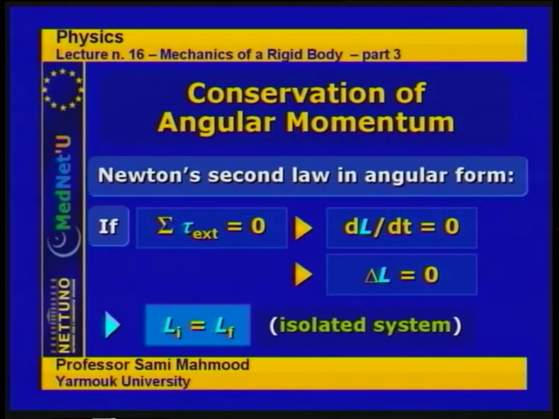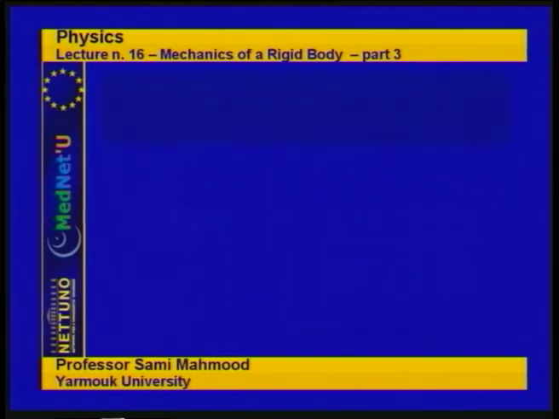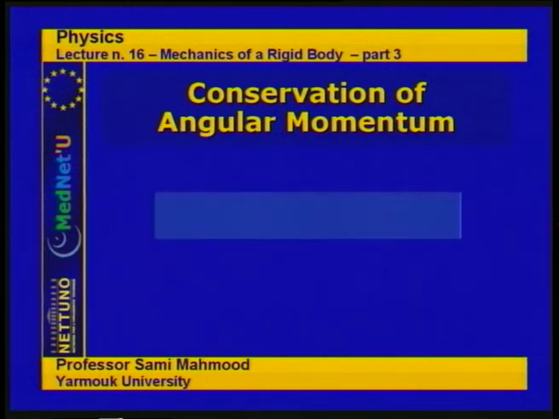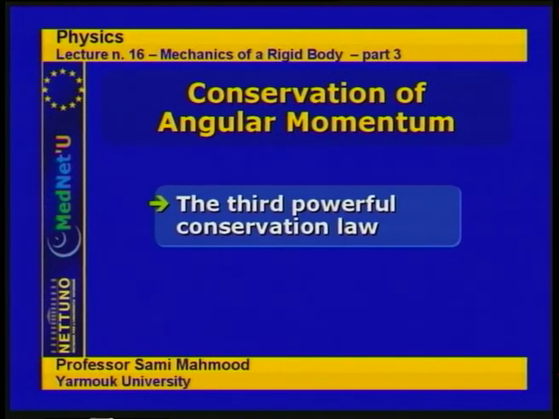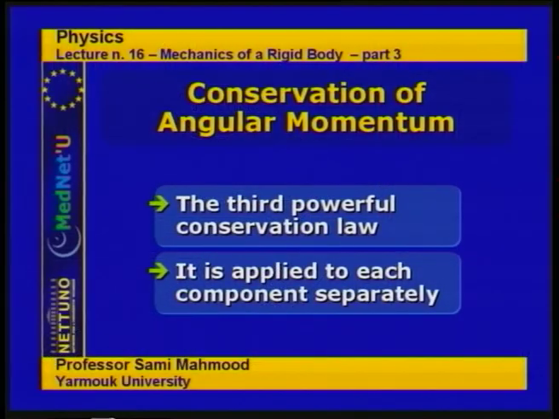That means L initial is equal to L final at any initial time and at any final time. And this conservation law is the third powerful conservation law after the conservation of energy and the conservation of linear momentum. And it provides us with a nice tool to solve several problems.